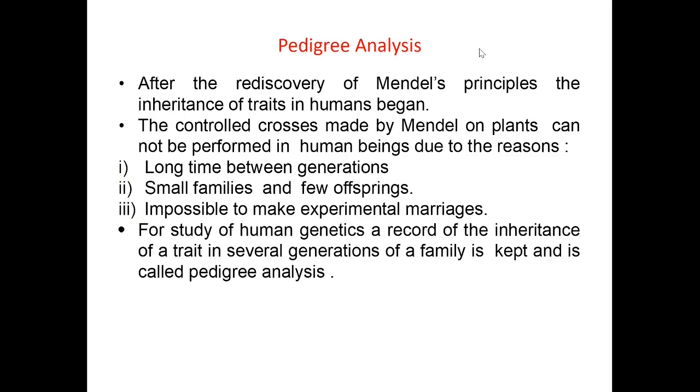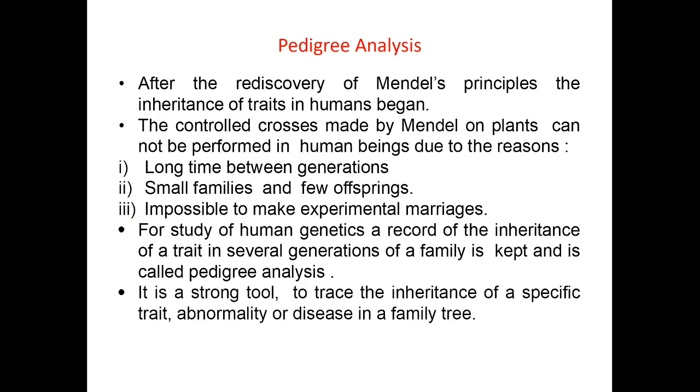For the study of human genetics, a record of the inheritance of a trait in several generations of a family is kept, called pedigree analysis. It is a strong tool to trace the inheritance of a specific trait, abnormality, or disease in a family tree.